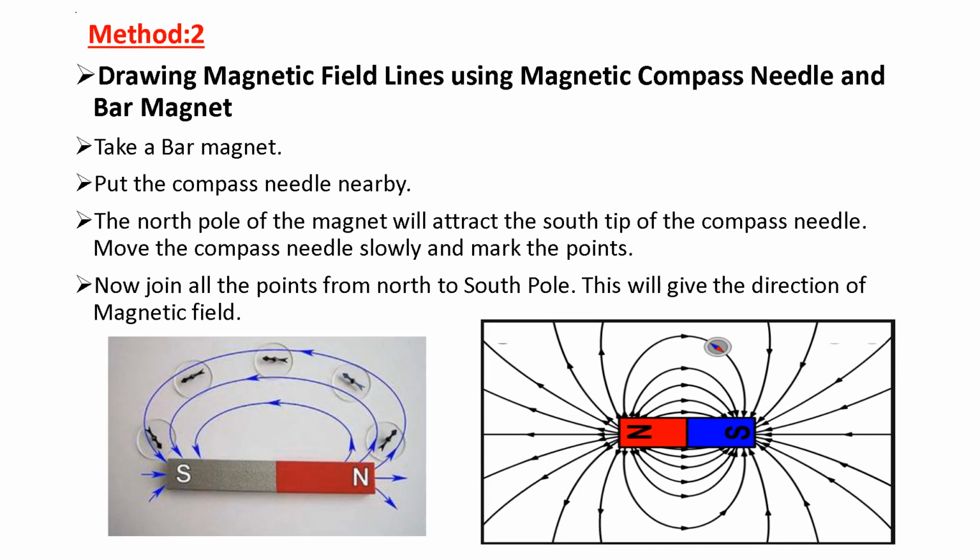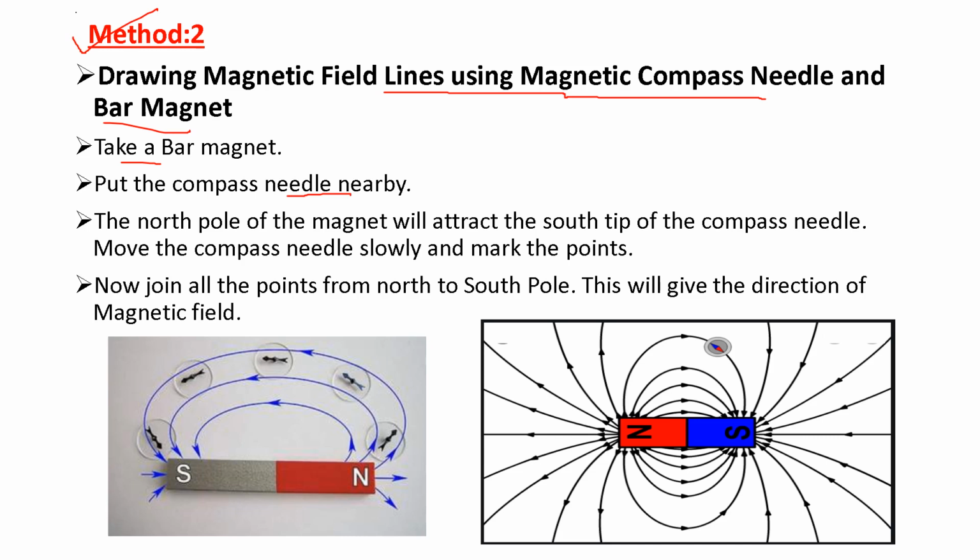Now, to get a clearer picture of these magnetic field lines, we can perform another experiment: drawing the magnetic field lines of a bar magnet using a magnetic compass. So what is the procedure? First, we take a bar magnet, then we put a compass needle nearby.